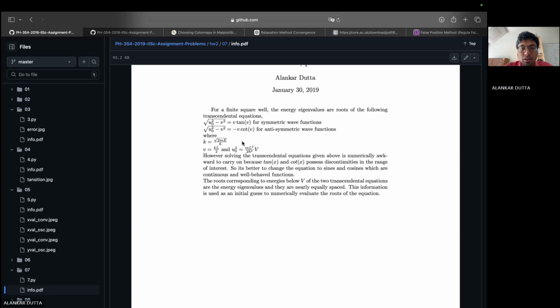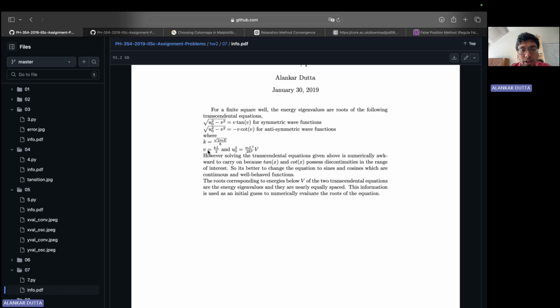Okay. So the one numerical point to note in here is that you can see this is clearly a transcendental equation where we again have to solve for v, right? U naught is given, so you know the mass, you know the size. L is the size of the potential well, m is the mass, h bar is Planck's constant divided by 2 pi, and U naught is the depth of the potential well.